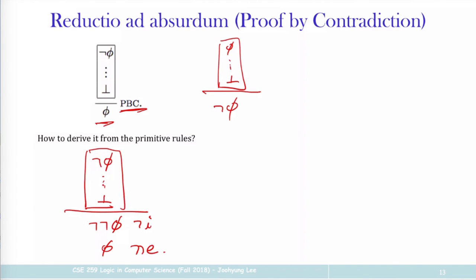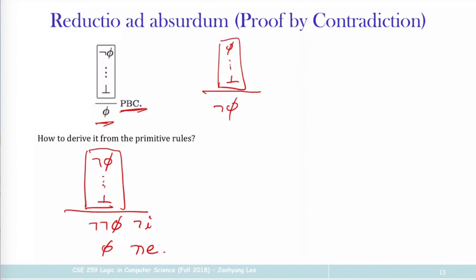Yes? What's the difference between deriving a rule and proving a rule? Okay, so derived rules can be derived from the primitive set of rules, not vice versa. Do the primitive rules have to be proved first?